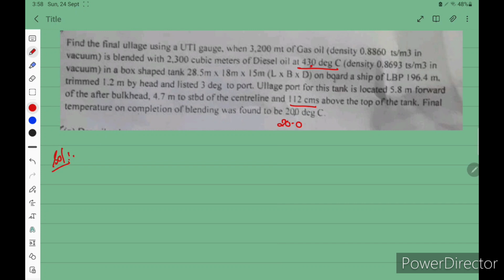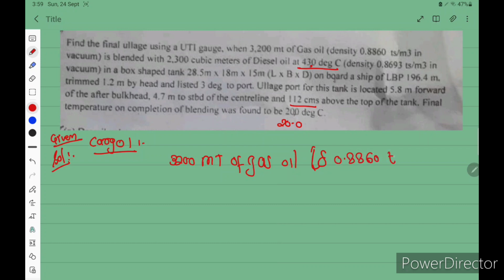Okay, so given, cargo 1: 3200 metric ton of gas oil, density was given 0.8860 tons per meter cube in vacuum. Cargo 2 was 2300 meter cube.